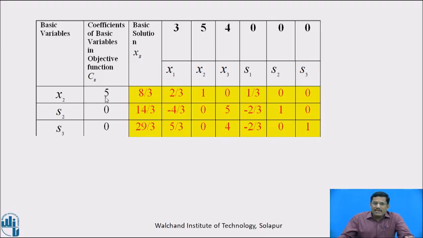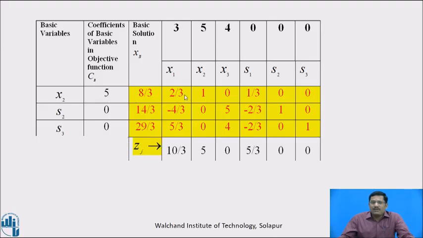Simply we can multiply the first entry with the first entry of the respective Xj column to get that Zj entry. So 5 into 2 by 3 is 10 by 3, 5 into 1 is 5, 5 into 0 is 0, 5 into 1 by 3 is 5 by 3, and 5 into these 2 zeros will be 0 and 0.